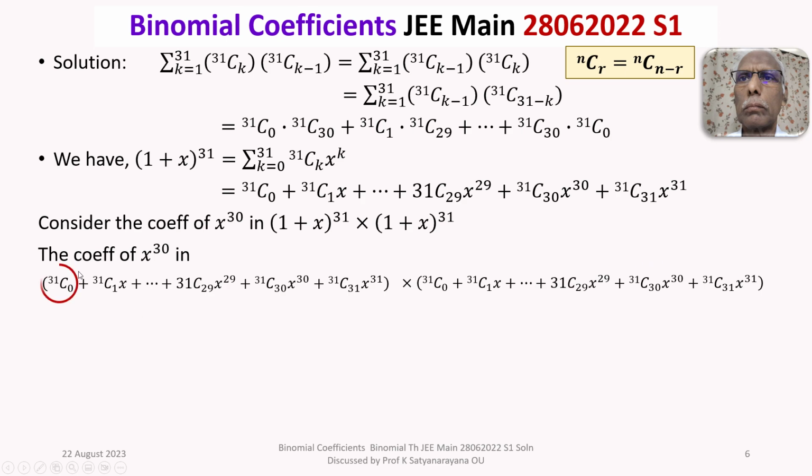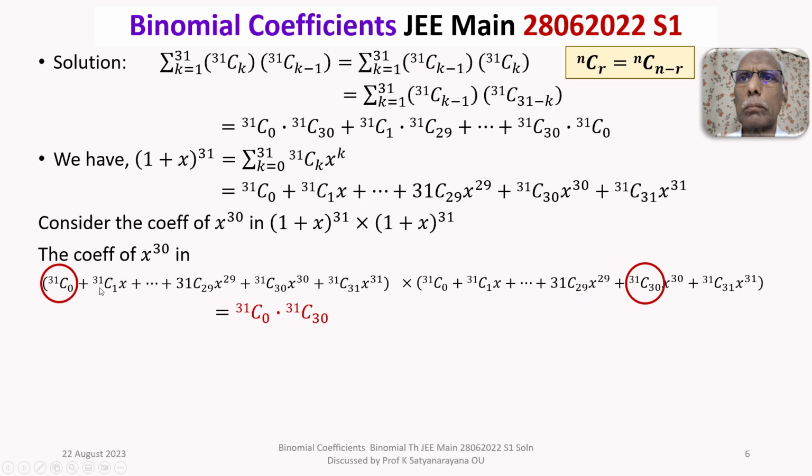So this one, 31C0 multiplied by 31C30, is the x to the power of 30 coefficient. Plus you take 31C1 x, we got x here. To get x to the power of 30, take the coefficient of x to the power of 29.